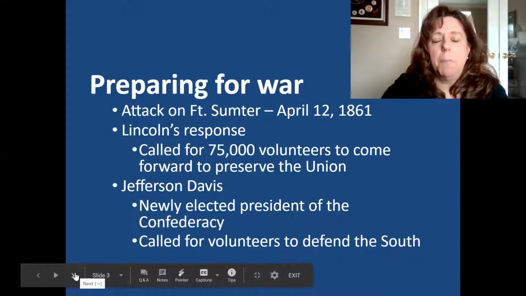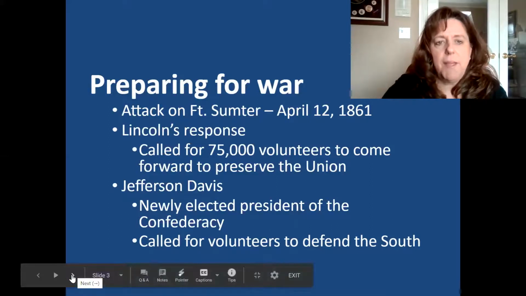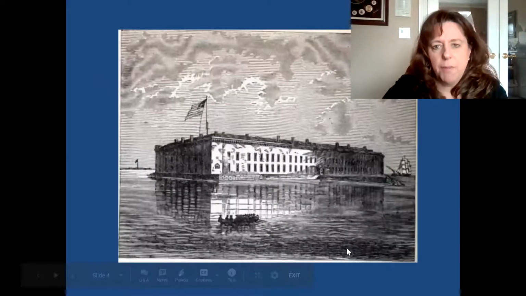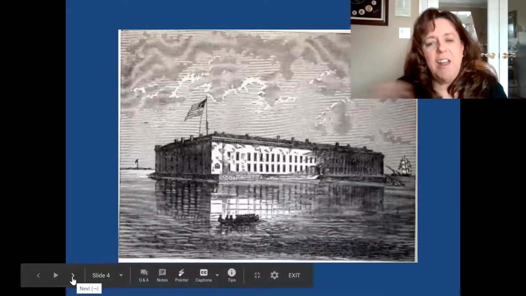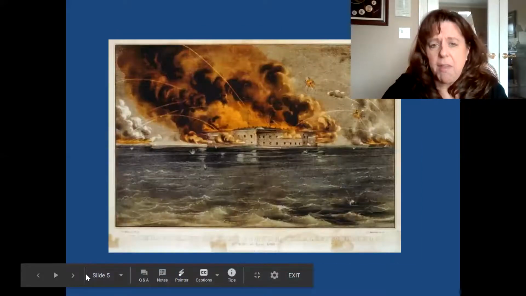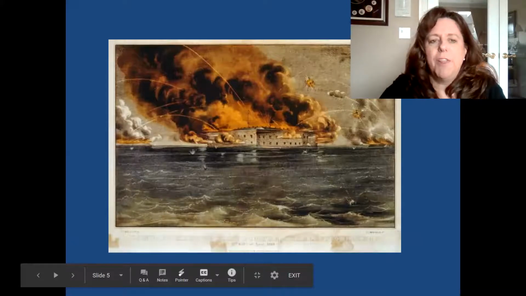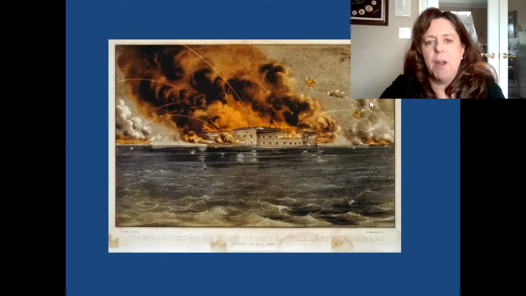We've had the firing on a fort, we've had the secession, and we've had newly elected leaders. So we have Lincoln on the north and Jefferson on the south. That's an illustration of this fort that's on an island, Fort Sumter. And here's another illustration of the bombs or the cannon firing onto this fort.